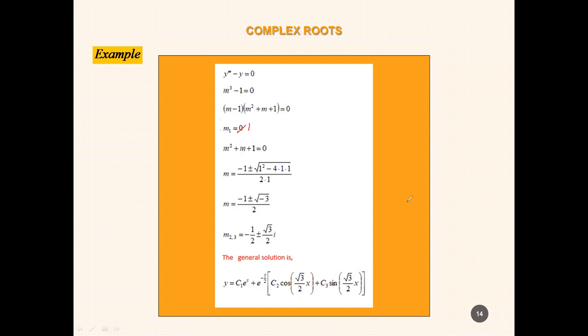So don't forget this exponential part here, which accounts for the real part of your complex conjugate root. Now, your square root of 3 over 2, same thing in here, is for that one. Any questions?